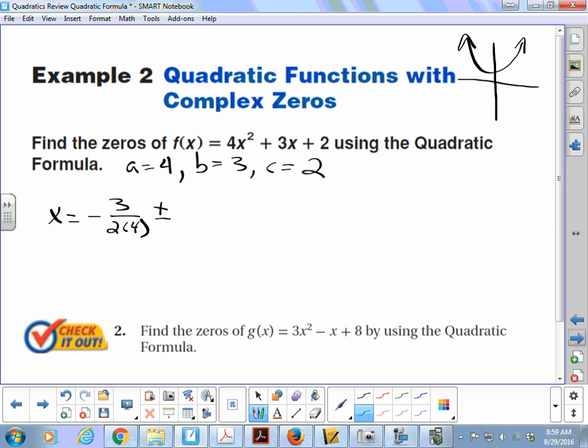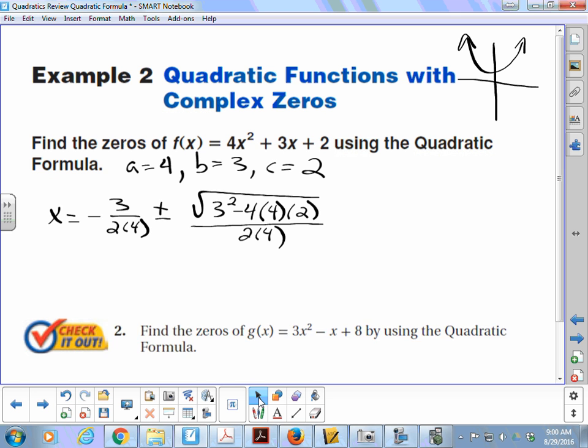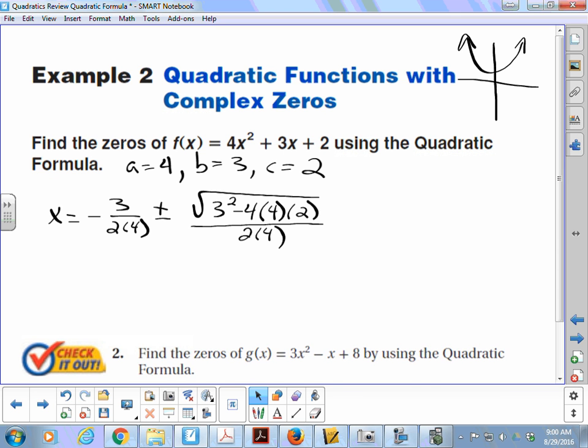So we plug in the numbers and simplify it.